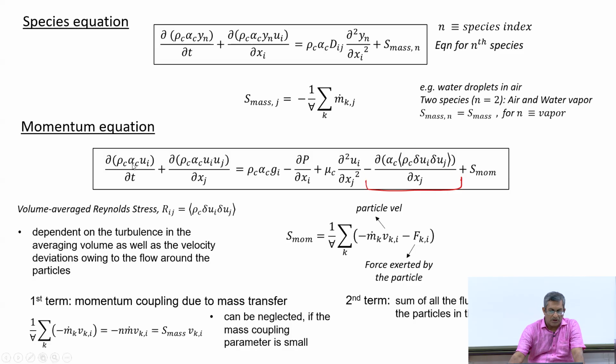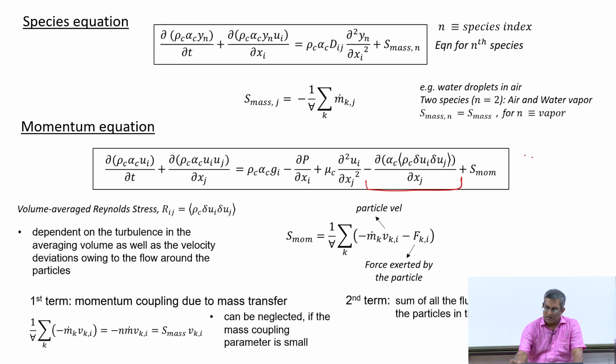For a moment, if you assume that the volume fraction of the carrier phase is close to 1, on the left side you get basically what you have in the Navier-Stokes equation. So this is basically the modified form of the Navier-Stokes equation. Here you have the body force term, this is the pressure term, this is the viscous term.